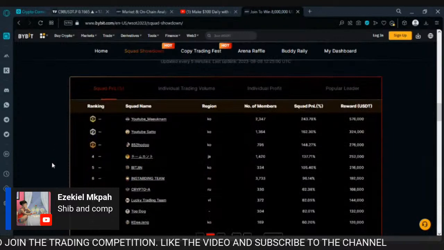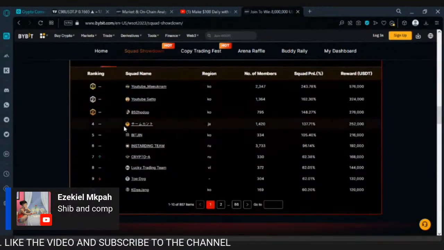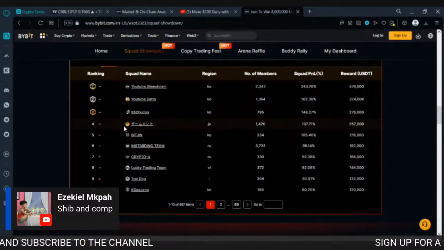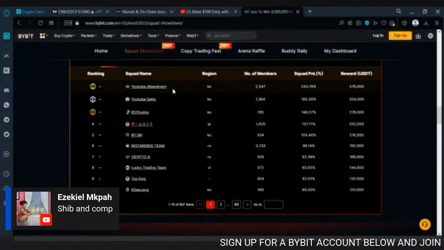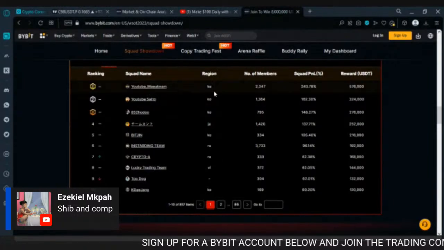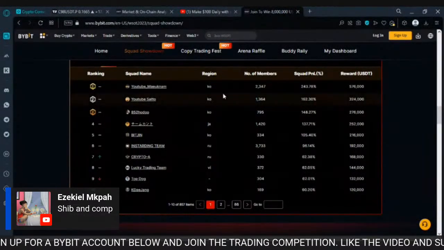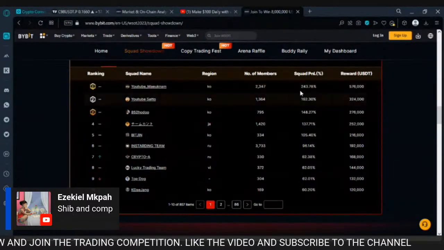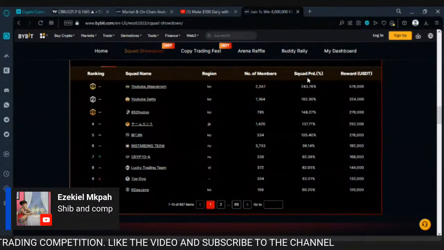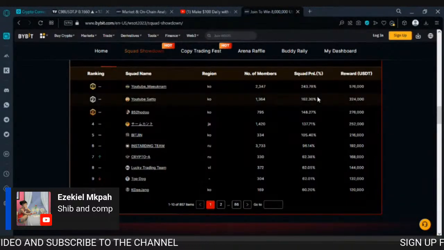Okay, so these are the ranks currently. We need to be among the top 10. As you can see, the top 10s are the ones here. The person ranking first here is this one, and then you see the person's region. I think Koreans are the ones who've been ranking first. Number of traders is around 2,000 plus, and the squad PNL, they have done over 200 plus percent.